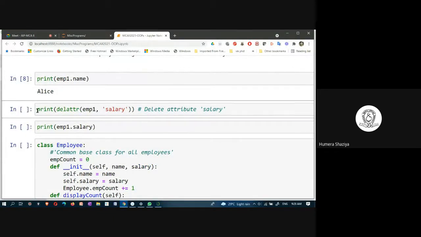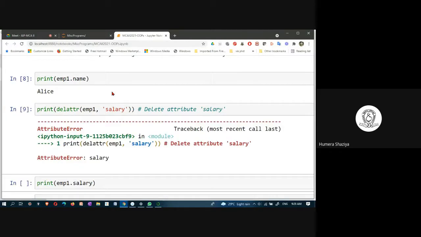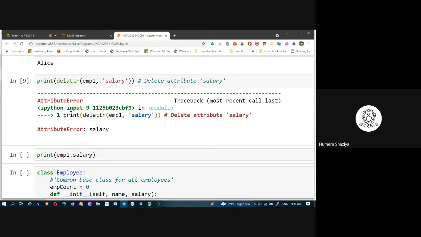This is already done. If you try again, let us see what happens. It has already been deleted, therefore it is raising an attribute error.